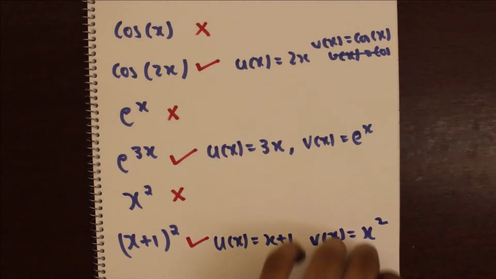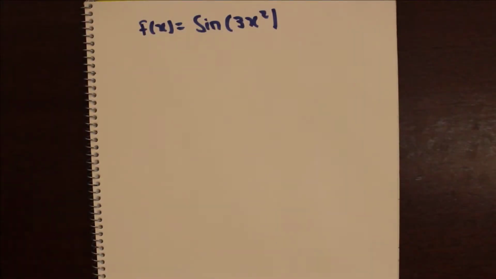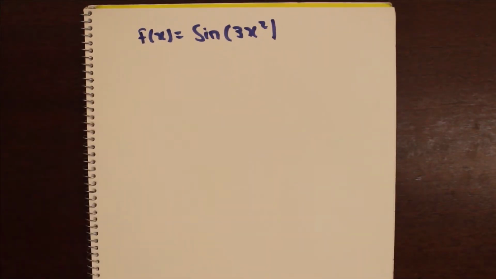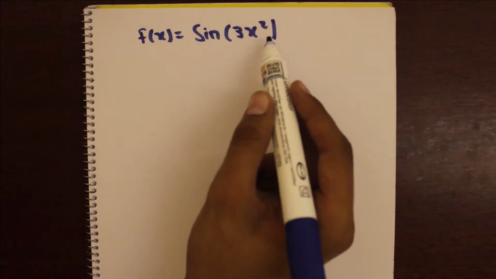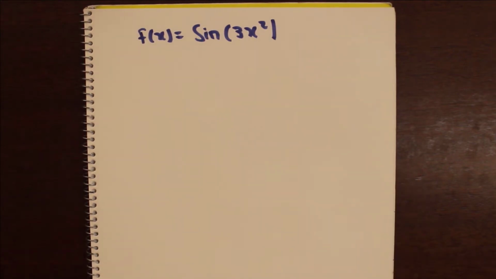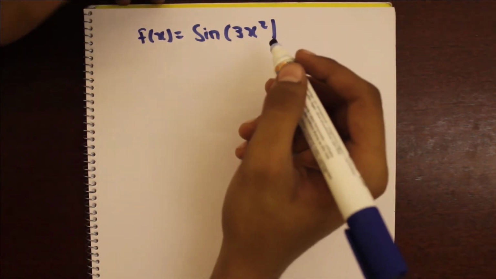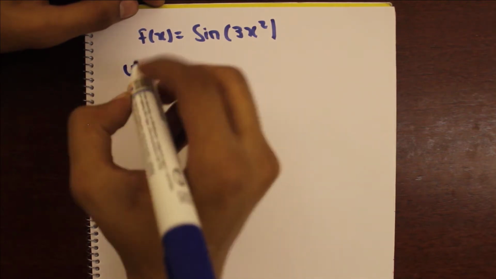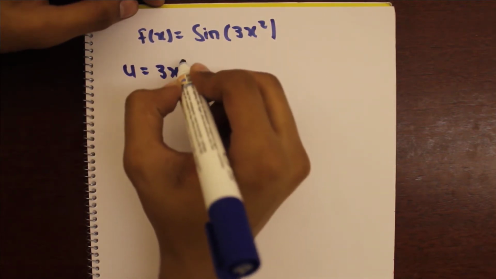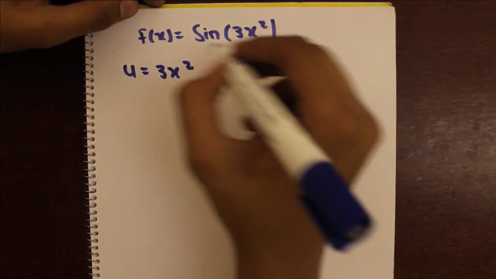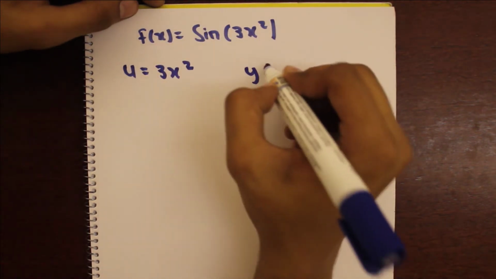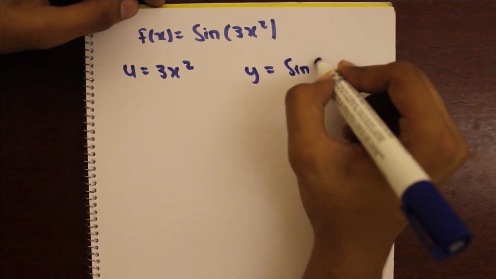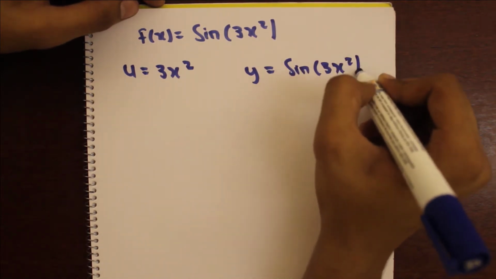Okay, let's move on. First, f of x is equal to sine of 3x squared, and we've already established that sine of 3x squared is a composite function. So first, we'll identify u and v. So u will be equal to 3x squared, while our function here, y, since f of x is equal to y, will be equal to sine 3x squared.